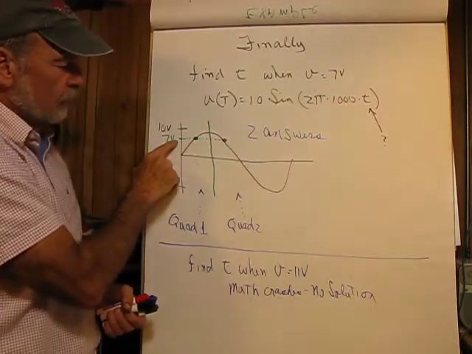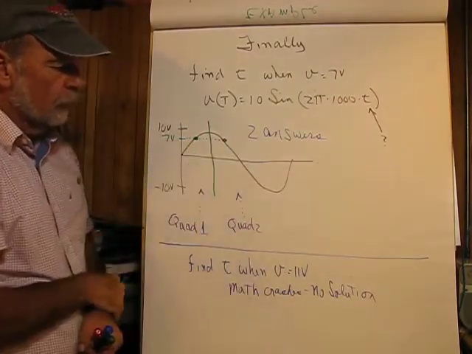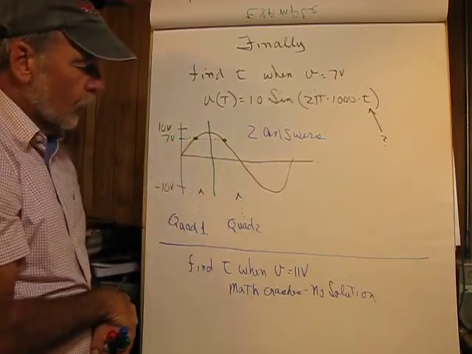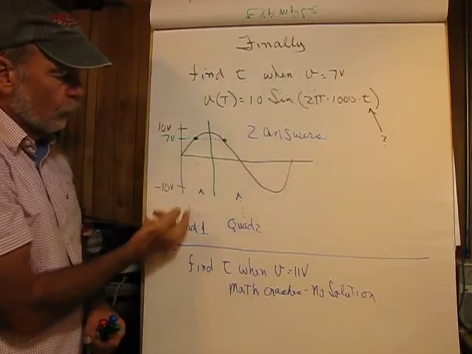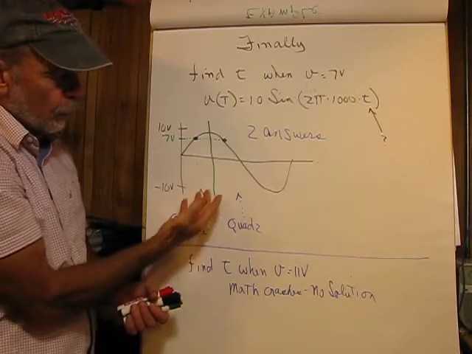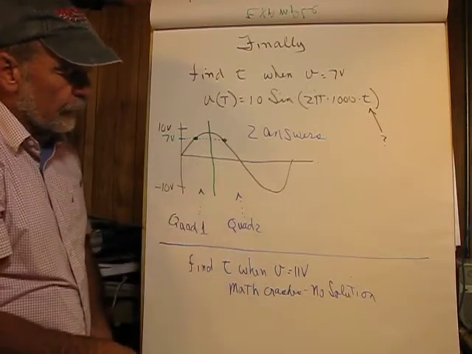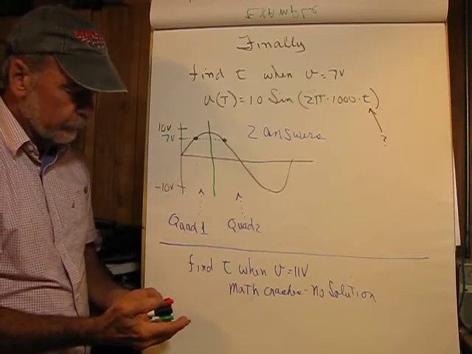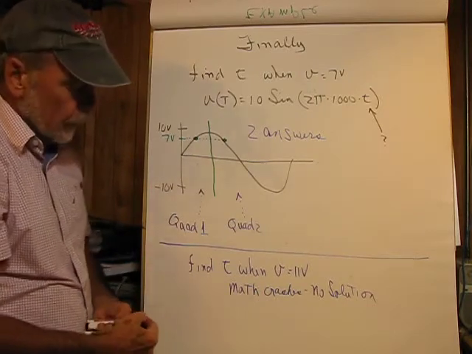And if I go down to 7 volts and draw a line across, what I'm going to see is that I'm going to have two answers. One of them is going to be in quadrant 1 and the other is going to be in quadrant 2. So what we need to do before we can solve this problem is to understand phasors, and that'll be coming up, well, next.